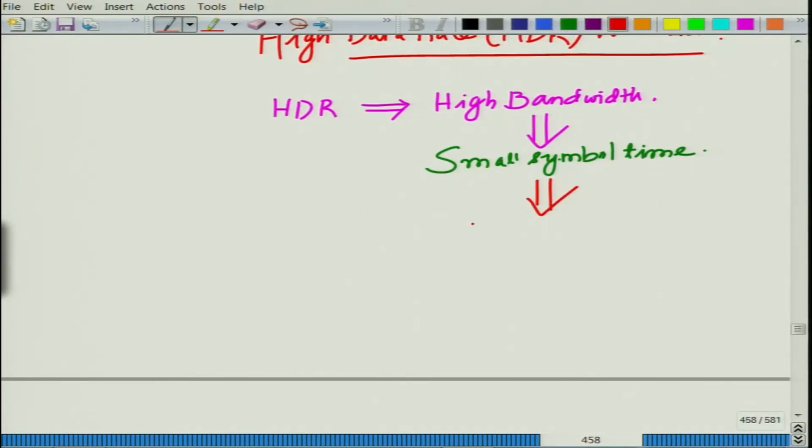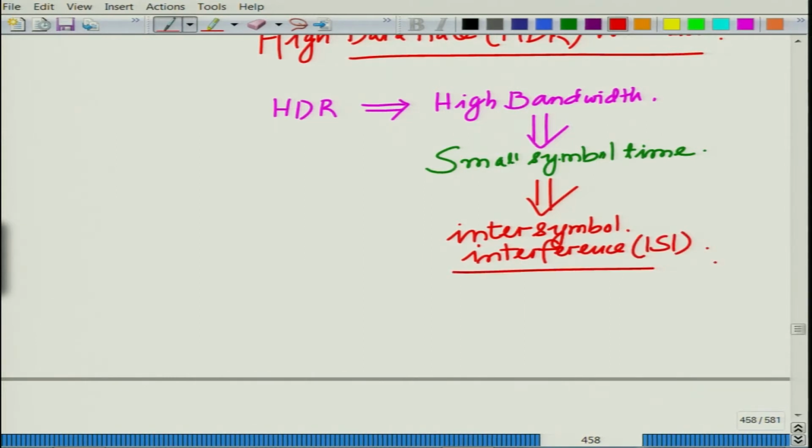The small symbol time leads to intersymbol interference, which is also termed ISI. So, this is ultimately the problem, that your high data rate leads through this chain to intersymbol interference, and naturally intersymbol interference implies distortion.